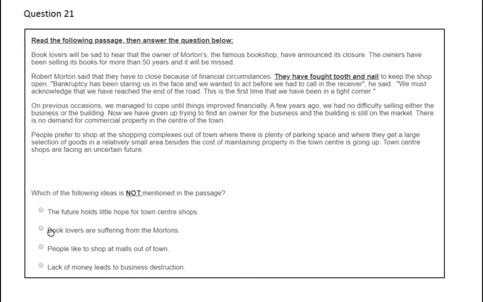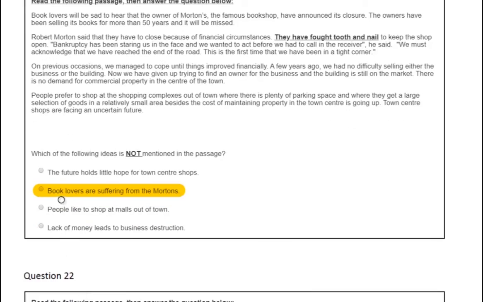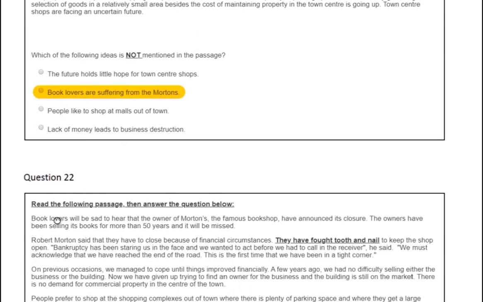Book lovers are suffering from the Mortons. This sentence or this point is not mentioned in the passage.